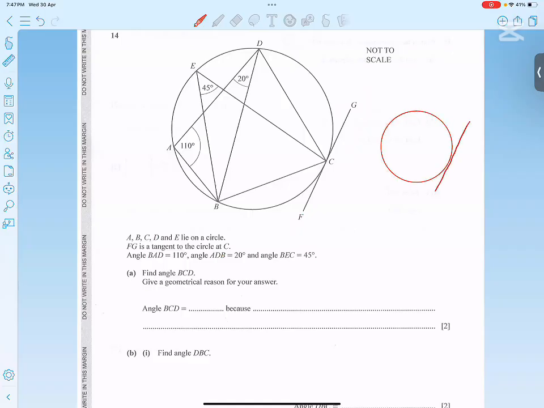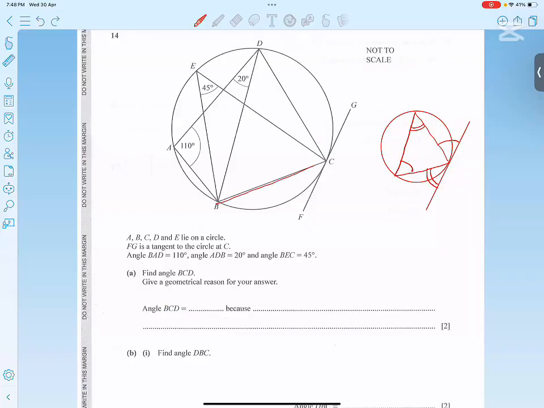Basically, the property attached in this situation is a tangent. And whenever we have a triangle like this, this angle is equal to this angle, and this angle is equal to this angle. They are called alternate angles.